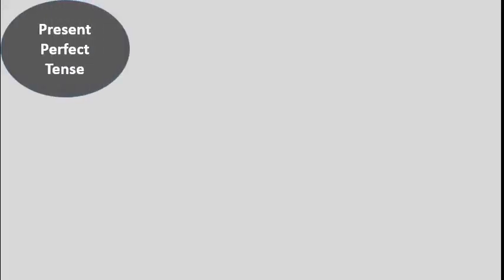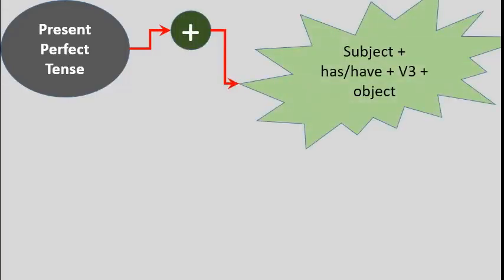Let's see the structure of present perfect tense when we will use this tense in positive, negative and interrogative sentences. In positive sentence, the structure will be subject plus has or have plus third form of the verb plus object. For example, he has done his homework.